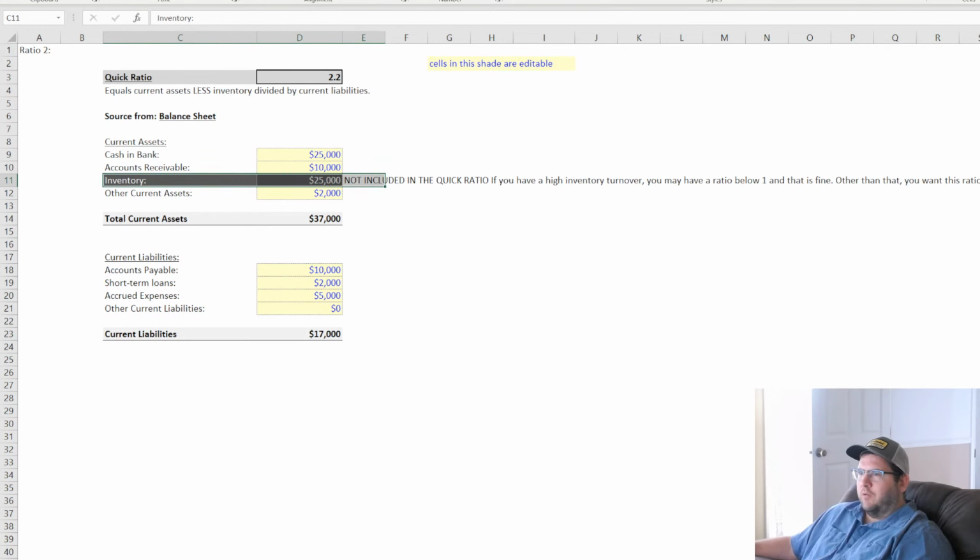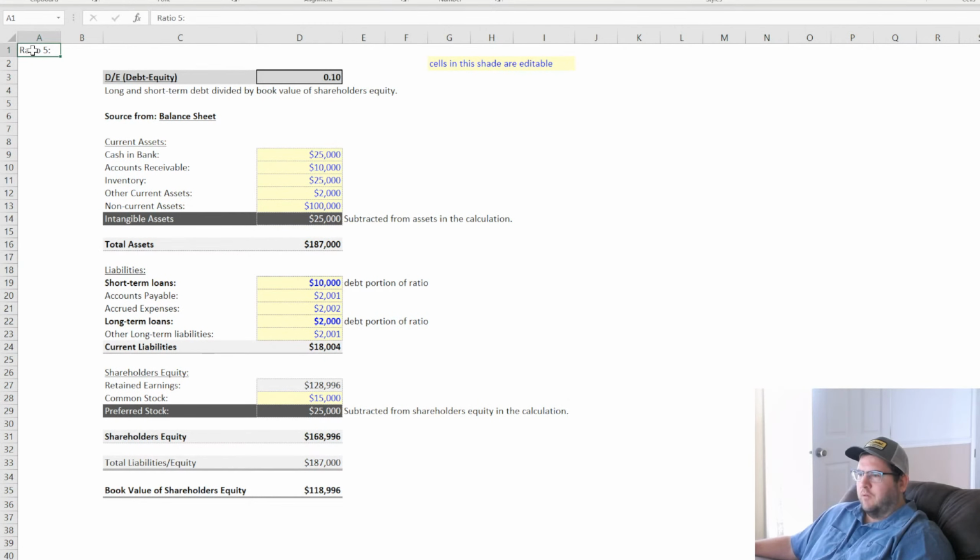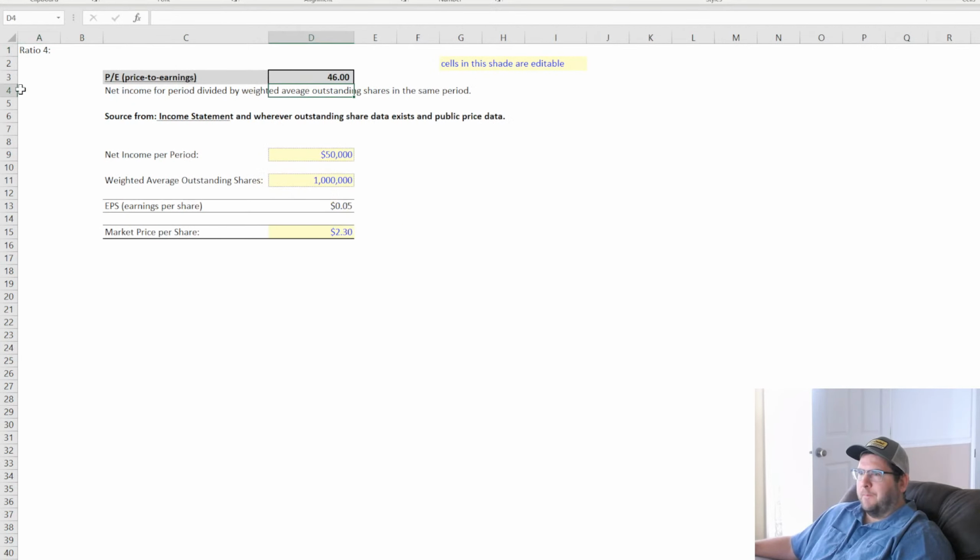So it was 1, 2, 3, 4, 5. This is 6. So return on equity, I'm assuming, is some amount of earnings divided by equity invested over a period. Let's see what they say.